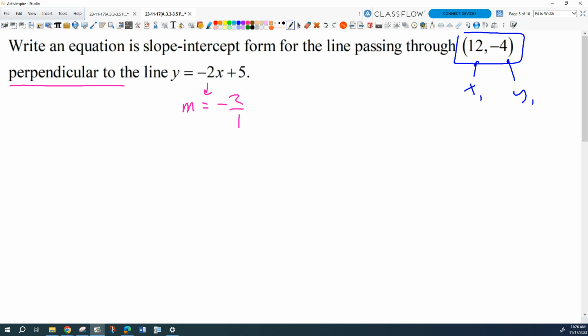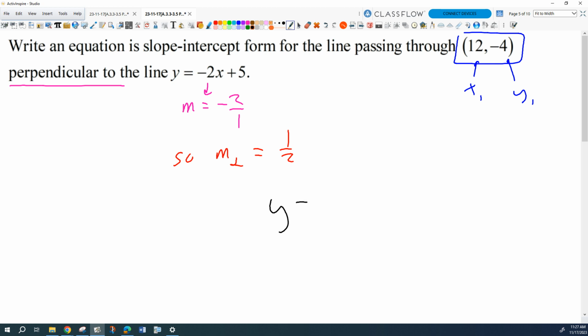We got to switch the sign, flip the fraction, opposite reciprocal. That's our sign for perpendicular. It's just an upside down capital T. We make it a subscript. Like if I want to do m perpendicular, then I'm going to make that positive and I flip the fraction and I get 1/2.